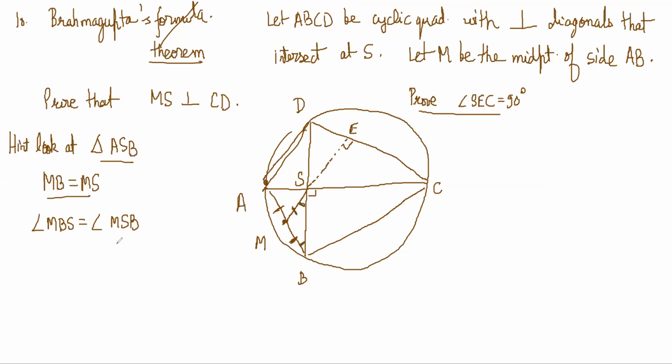And that is equal to ACD. So angle SCE is equal to angle ACD, which is equal to angle ABD, which is equal to angle MBS, which is equal to angle MSB.